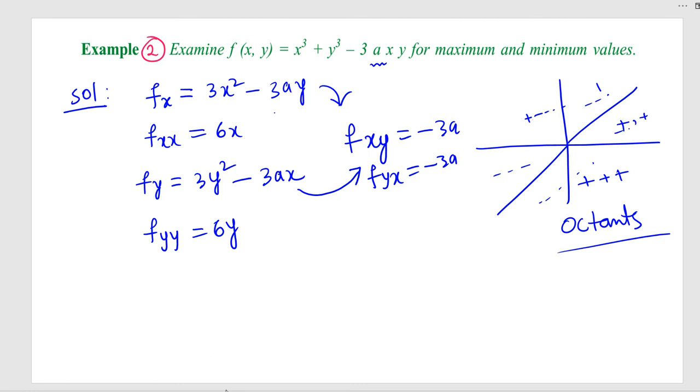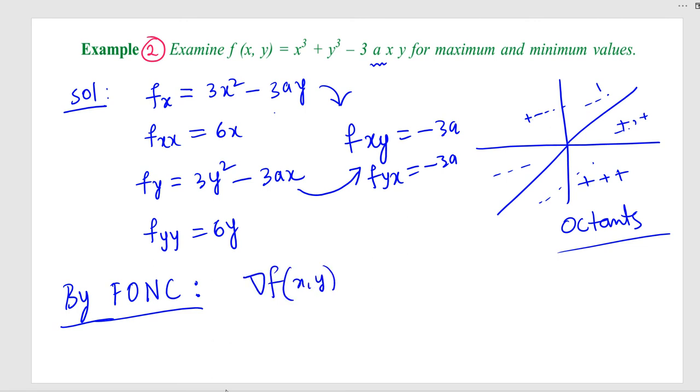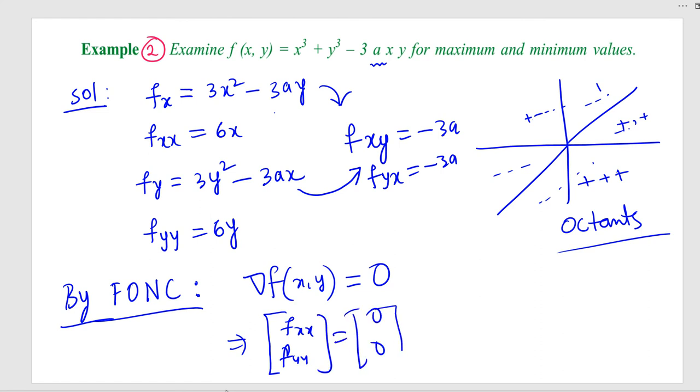Now the gradient, the first order necessary condition. By the first order necessary condition, we have gradient of f(x, y) equals 0. So this will imply (fx, fy) equals (0, 0).